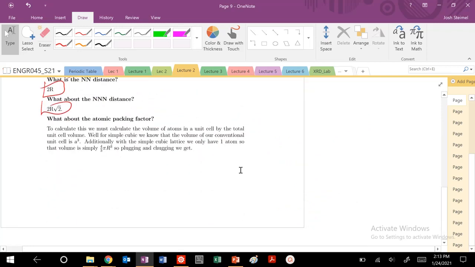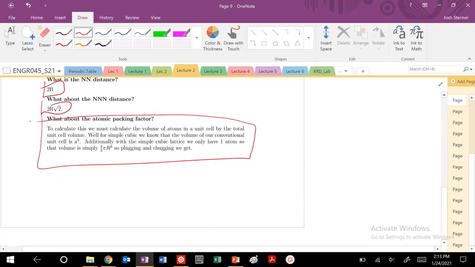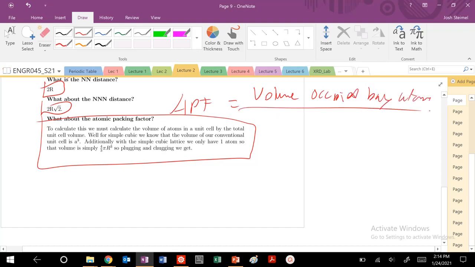What about the atomic packing factor? The atomic packing factor, or APF, is a very, very important metric for materials. Why? What is it accounting for? Well, it is equal to the volume occupied by atoms divided by the total volume of the cell.